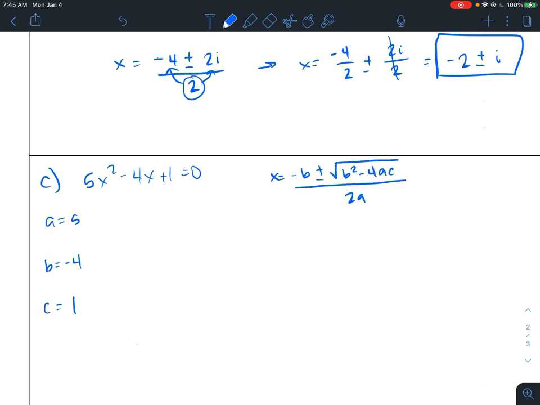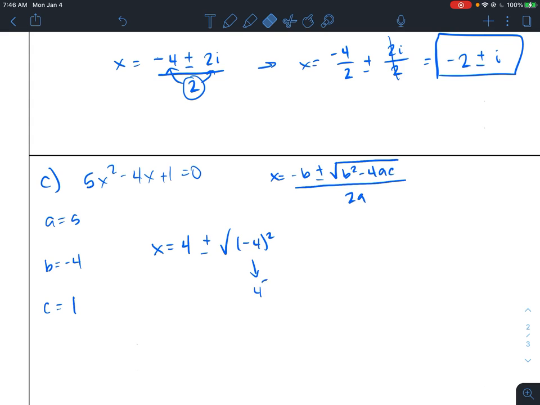And then if we were to write it up, x is equal to negative b, so b is negative 4, so negative b will be positive 4, plus or minus the square root of negative 4 squared. Now remember, negative 4 squared is the same thing as 4 squared, because it's negative 4 times negative 4, which is going to be positive 16.